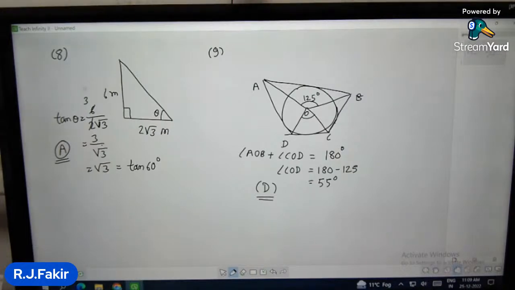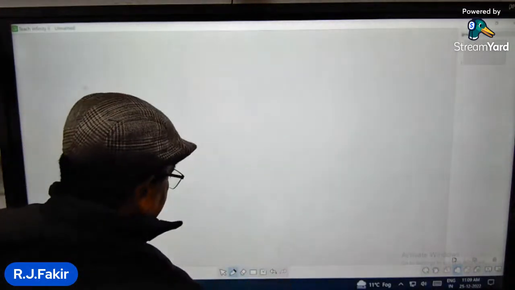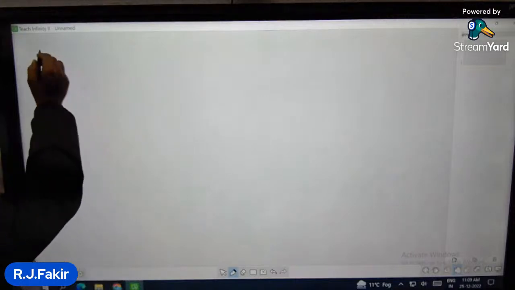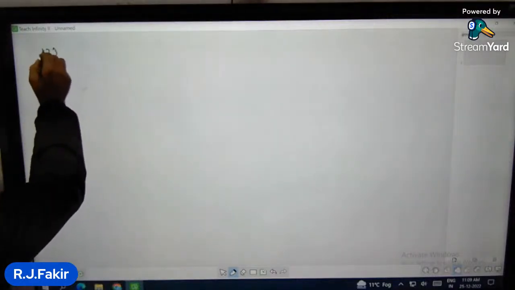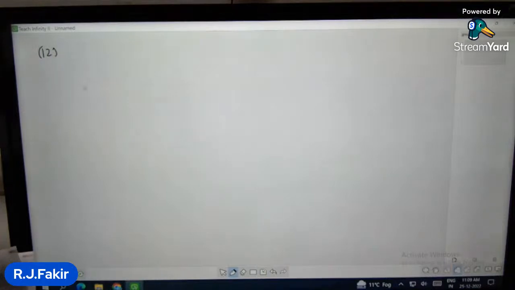Then we go to question number 12. The diameter of a circle whose area is equal to the sum of the areas of two circles of radii 24 and 7.